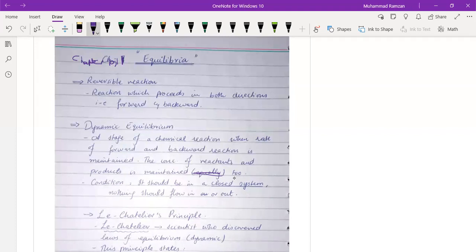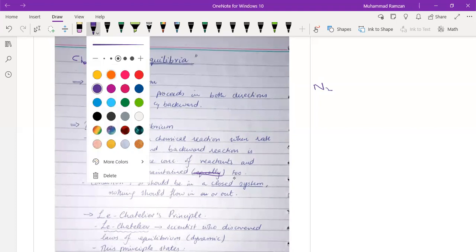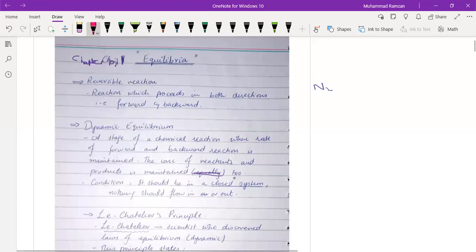If I quote an example, N2 plus H2, let's say, with a reversible sign, NH3. You put 2, this is 6, and this is 3.